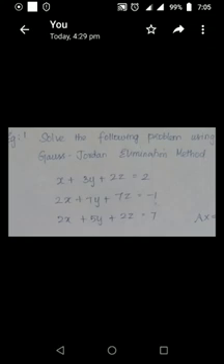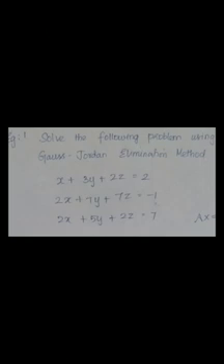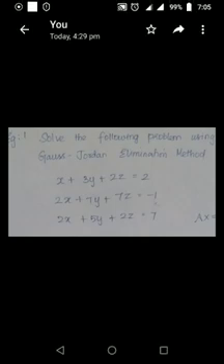There are three rows in the matrix: the first row is the first equation, the second row is the second equation, the third row is the third equation. From x plus 3y plus 2z we get the coefficients 1, 3 and 2. For the second equation 2, 7, 7, and the third equation 2, 5, 2.